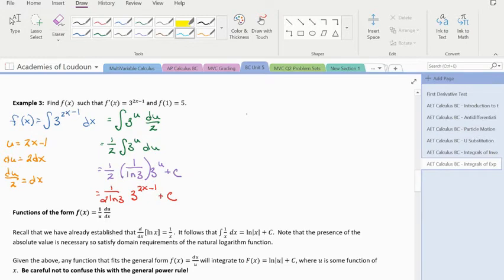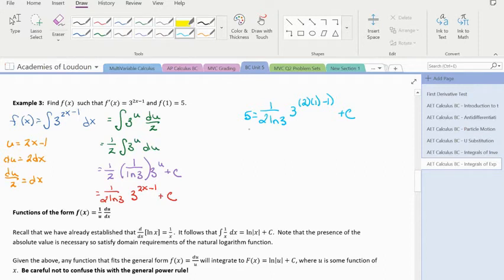So now we need to use our initial condition. We know that f of 1 is 5, so 5 is equal to 1 over 2 times the natural log of 3, 3 to the 2 times 1 minus 1, plus c.